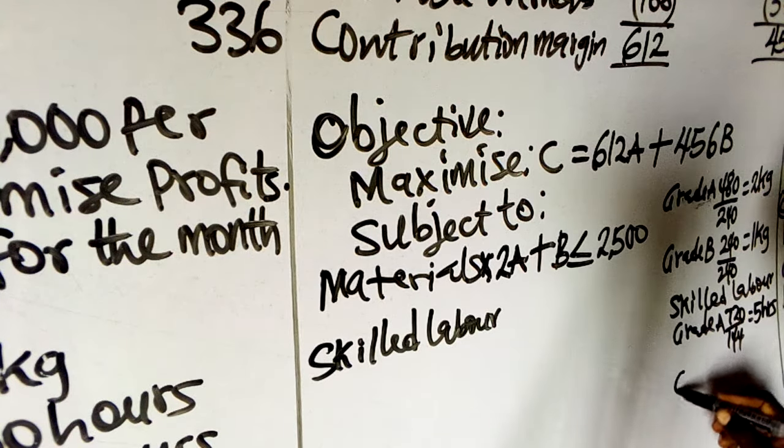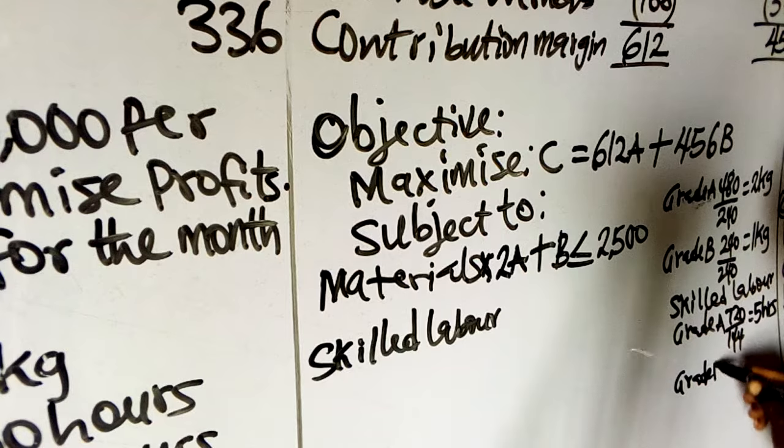For grade B, we have 288 divided by 144, then we have 2 hours.